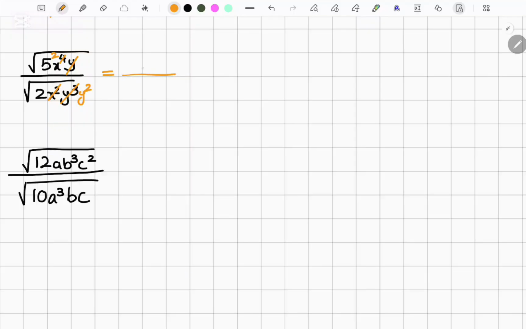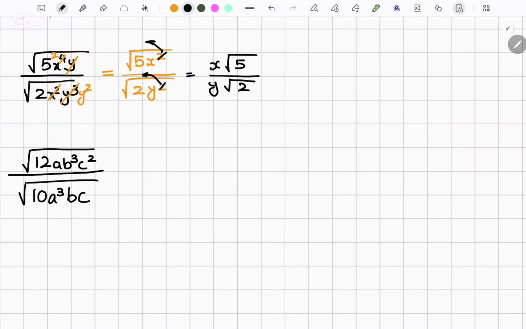So I'm going to have 5x squared on the top, and then I'm going to have 2y squared on the bottom. So over here, this has the money. If you watch the previous session's video, you will get this very, very easily. This one pays and comes out. This one again pays and comes out.